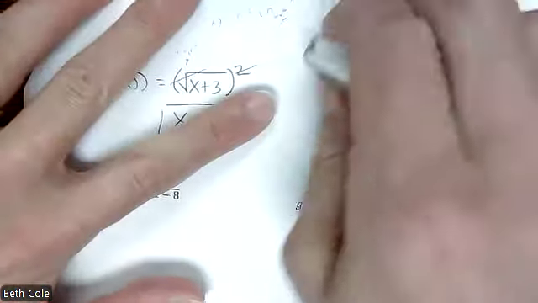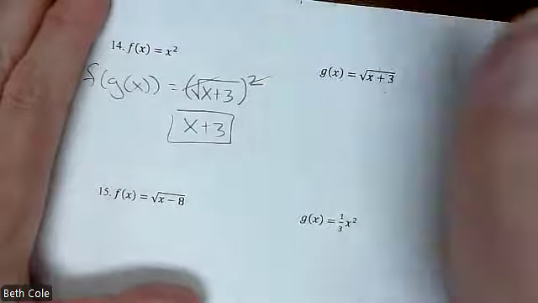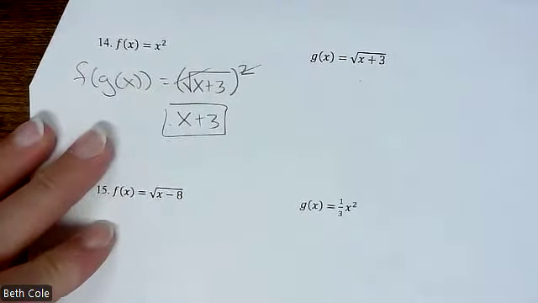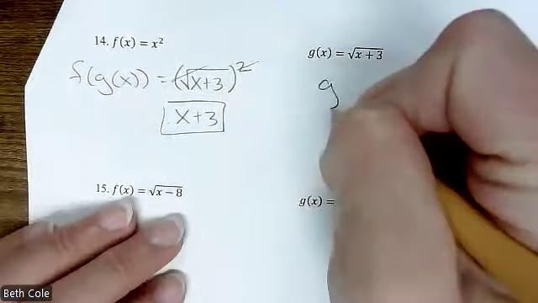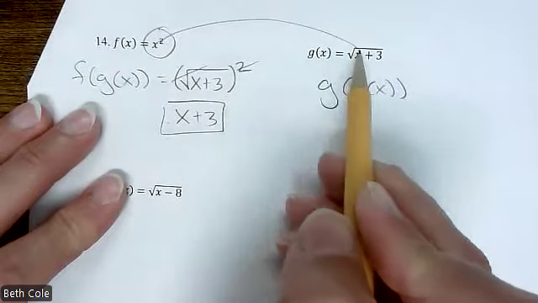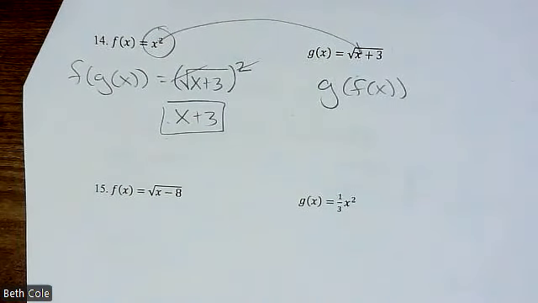But wait, when you go to do it the other way, I will show you, it's not going to work, which is actually nice because it's less work that you have to do. Label, you're going to have g of f of x, and now f gets plugged into g.